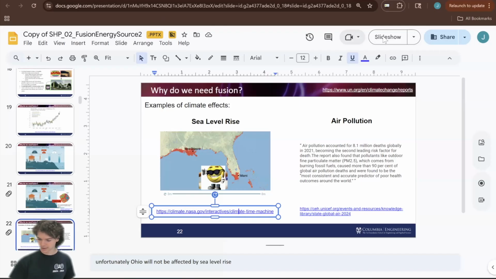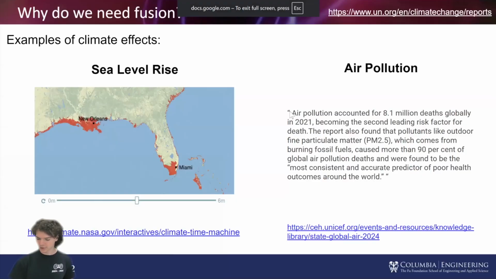And back to the slides, I had another example here where in 3 meters of sea level rise, which is like, I forget exactly what that pairs to, but that's within the realm of the next few decades to century-ish time.